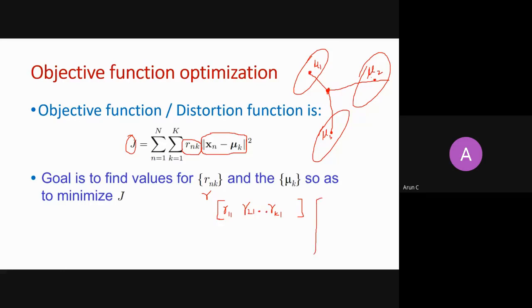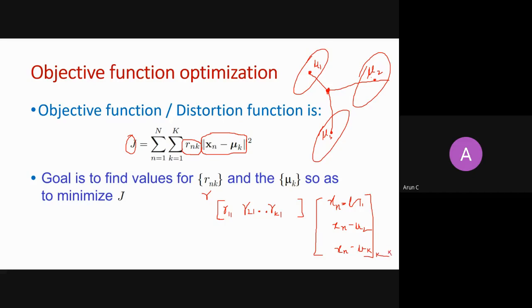And then I am multiplying it with some bigger vector: this is xn minus mu1, xn minus mu2, and this is xn minus mu k. Why am I saying n? I am just talking about the nth point, right? So the dimension is k by 1 here.